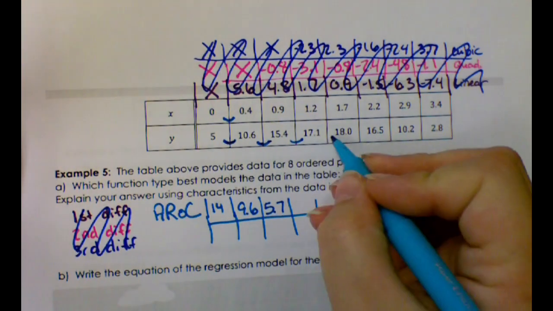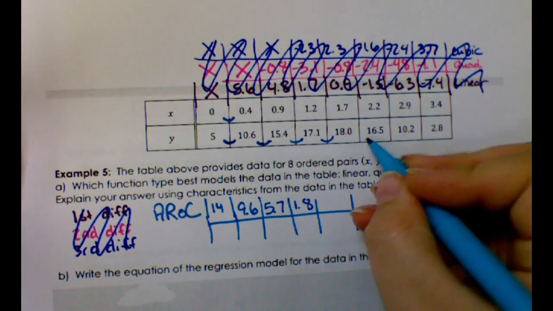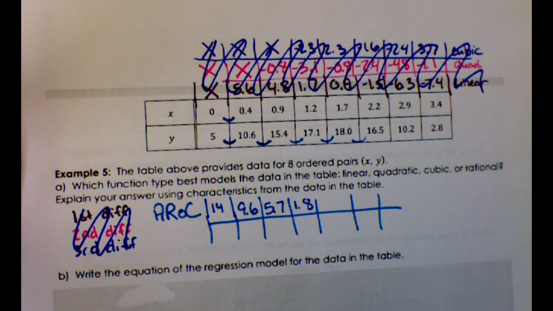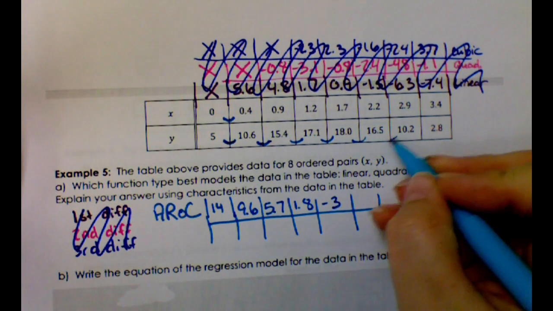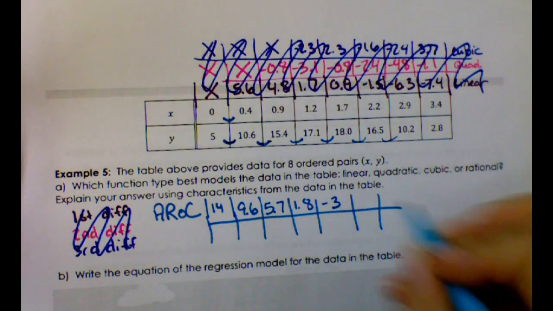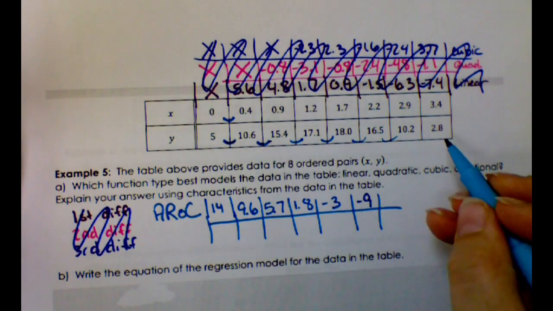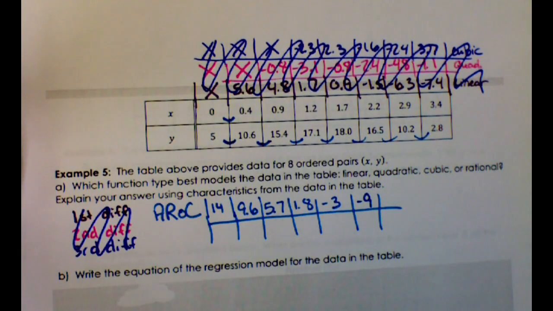I'm going to round there. And 18 minus 17.1 over 0.5, 1.8, and 16.5 minus 18 over 0.5, which is negative 3, and then 10.2 minus 16.5 over 0.7, which is negative 9, and then 2.8 minus 10.2 over 0.5.